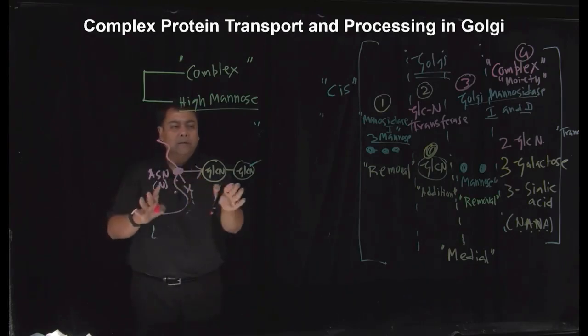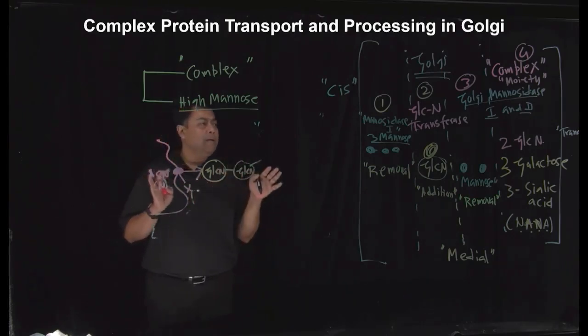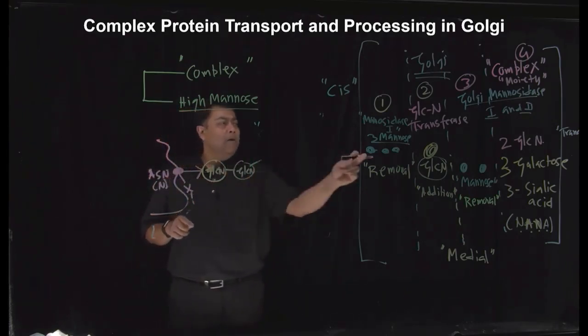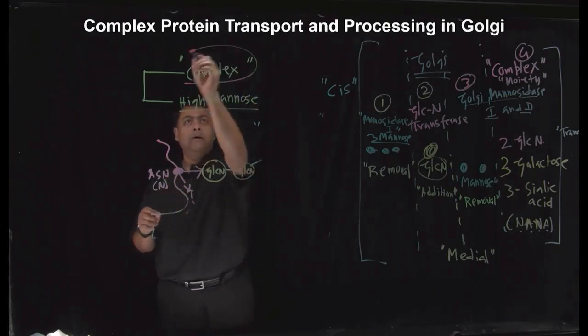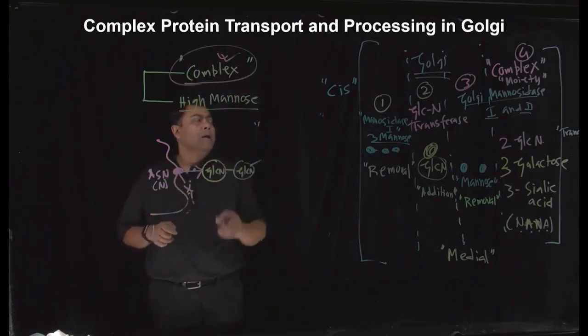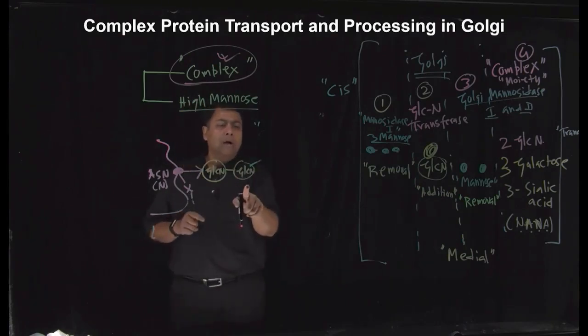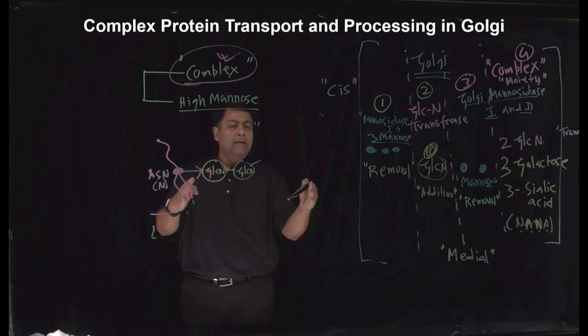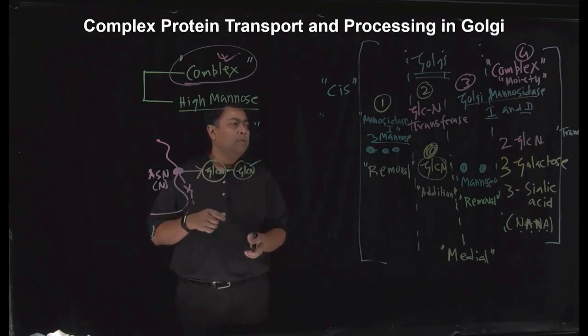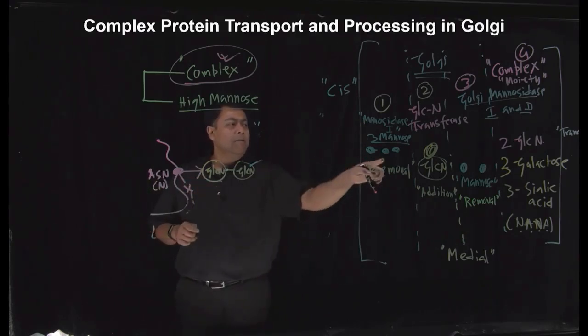So I'm just keeping this because you have 2 N-acetylglucosamine that is attached. And now you have 8 from ER, what you had, and we are only talking about the complex here, remember that. So from the ER, you have 8 mannose attached to this, and the first thing, the Golgi mannosidase basically removed 3 of them.